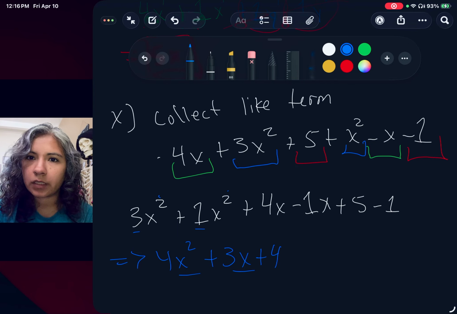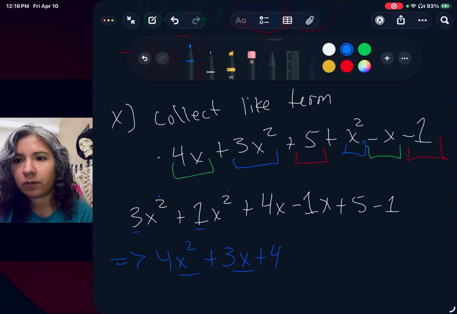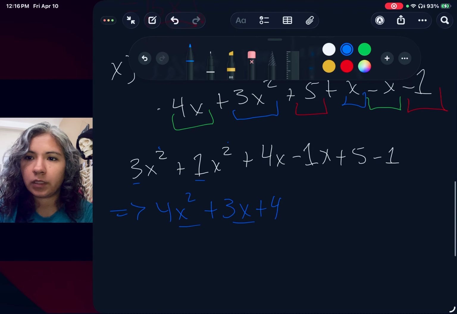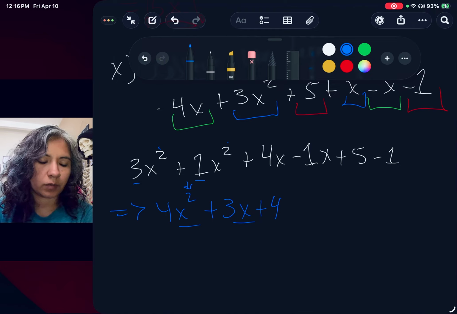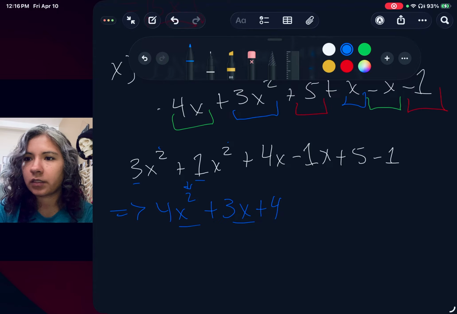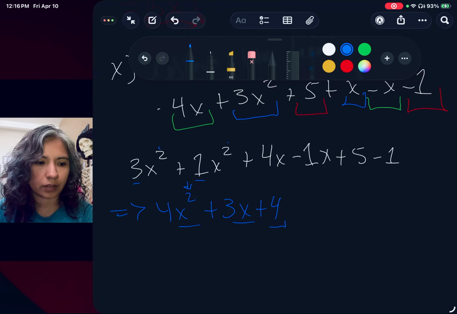So one thing that we do when we're combining like terms with algebra, we put the exponents in order by the largest one being on the left and the constant term with no variables being on the right.